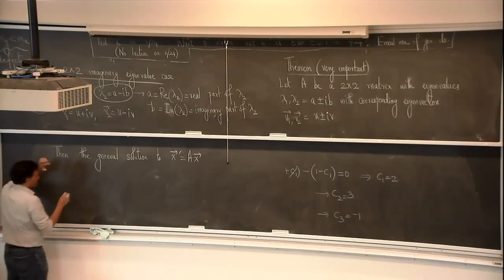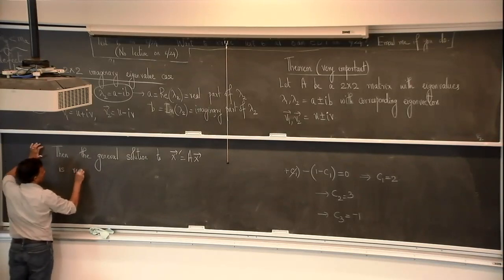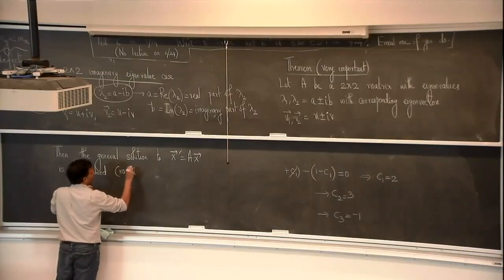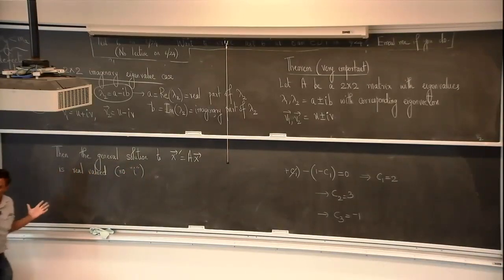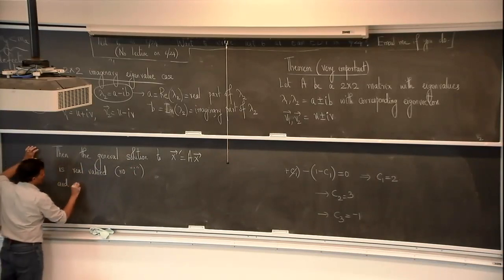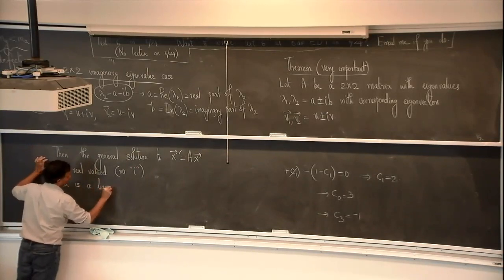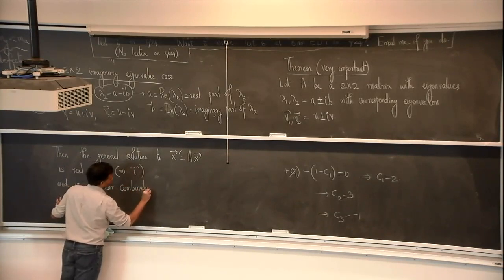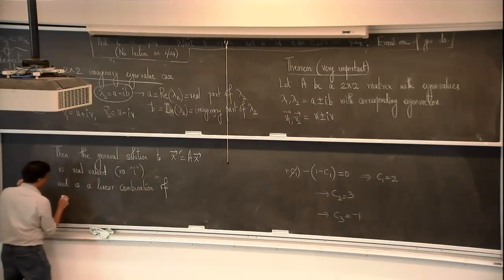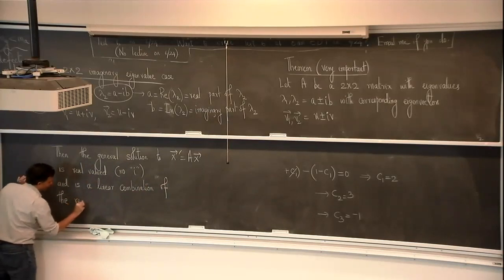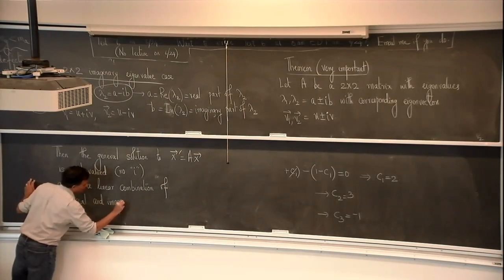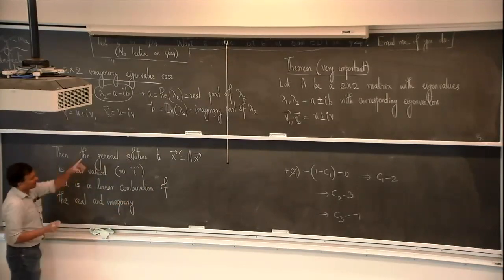So the general solution to this is real valued, which means there is no I, because we are living in a real world. It's real valued and is a linear combination of the real and the imaginary parts of, that's why I wrote those earlier.